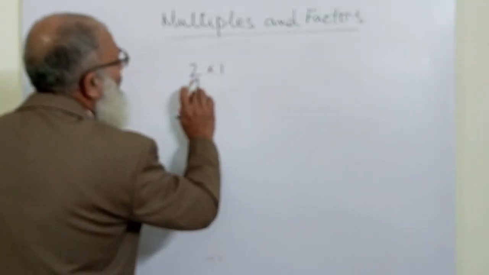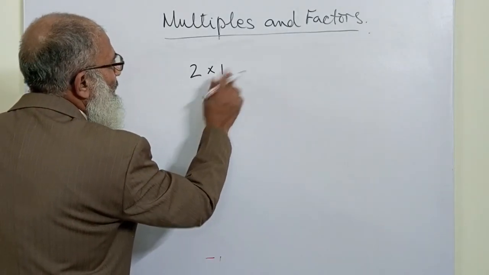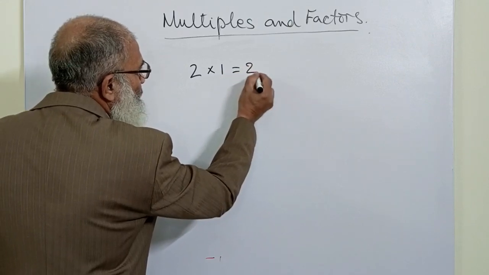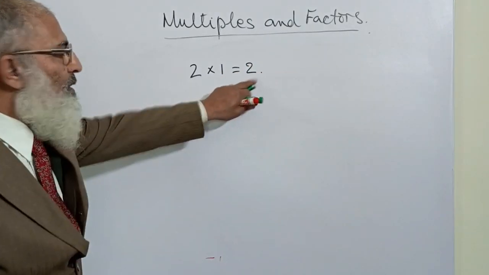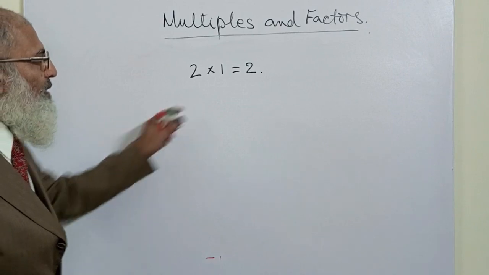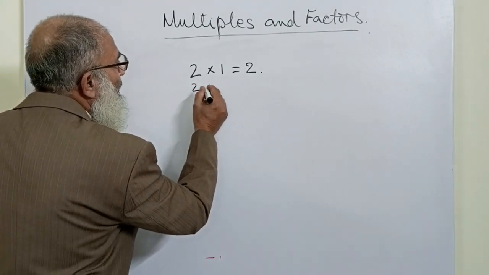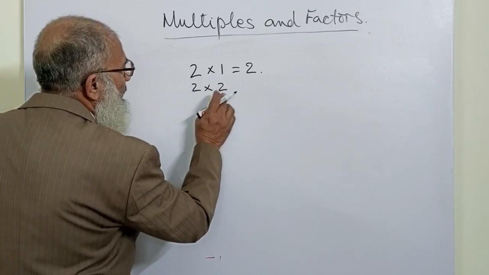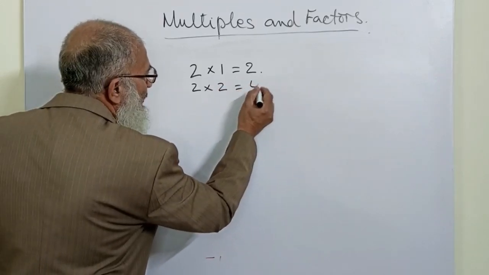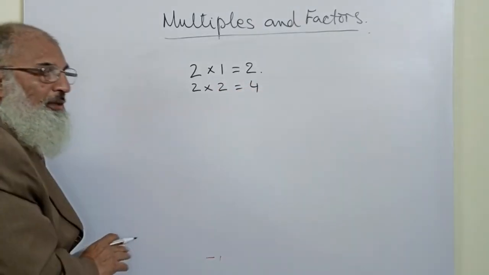So when I multiply 2 with 1, what I get is 2. Now this is the multiple of 2, and this is the first multiple of 2. And if I keep on doing this, I'll get the subsequent multiples.